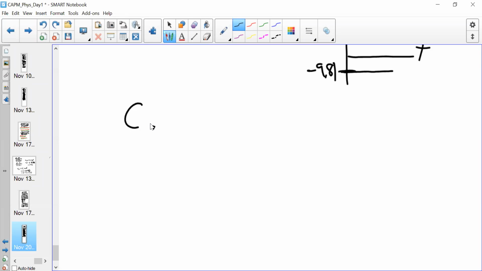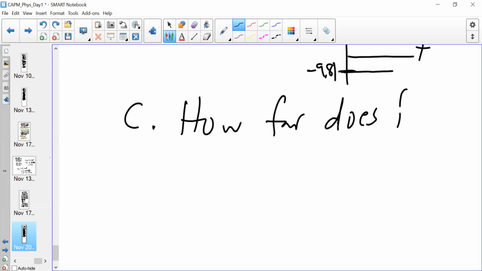Okay, so which one of the 4 you think is going to be good to solve this question? How far does it fall? I'm not sure, Mr. Kelly. Anybody else want to help him out who's been here and seen the equations written up? We have 4 to choose from.